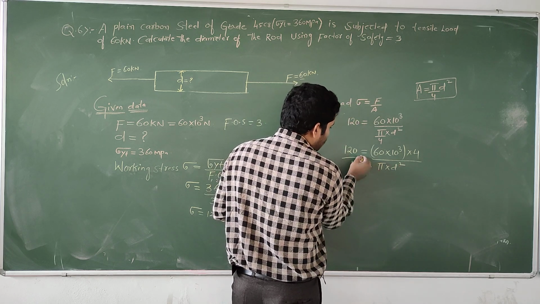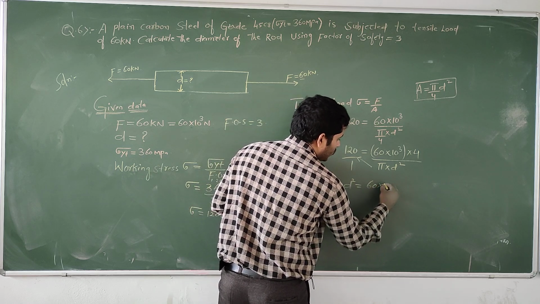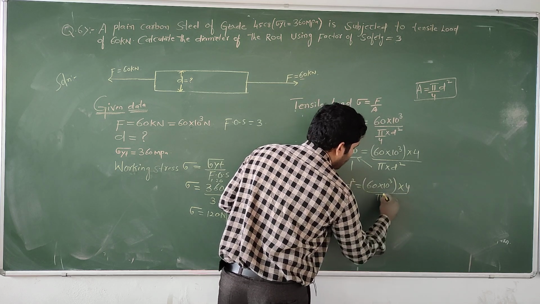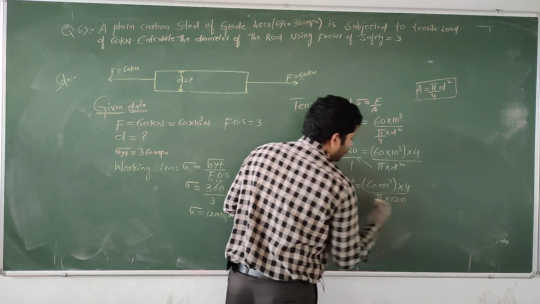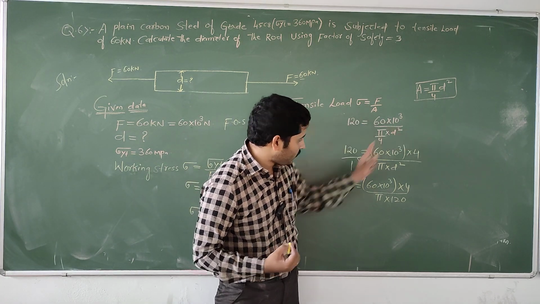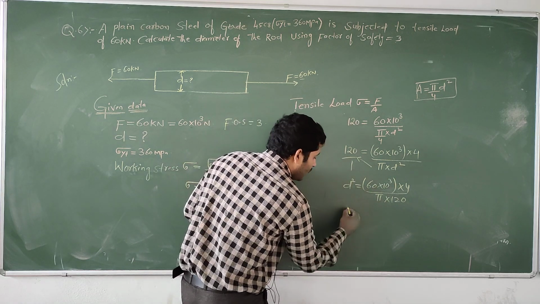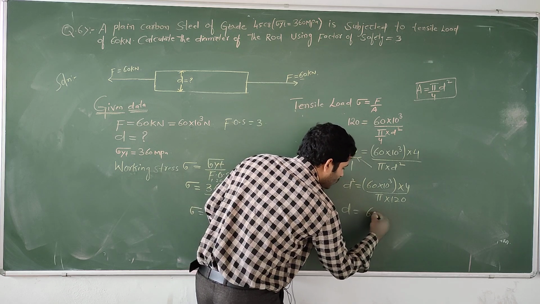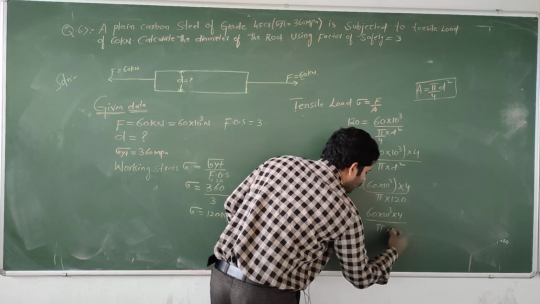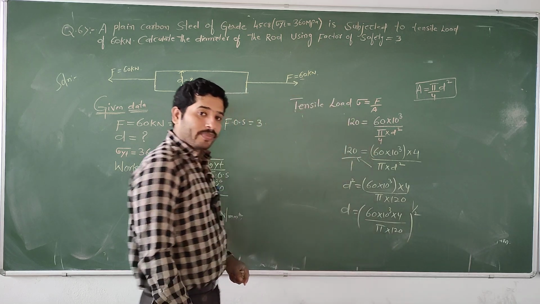Then we do the cross multiplication. D square equal to 60 into 10 power of 3 into 4 by pi into 120. If you remove the square, then the power is 1 by 2.